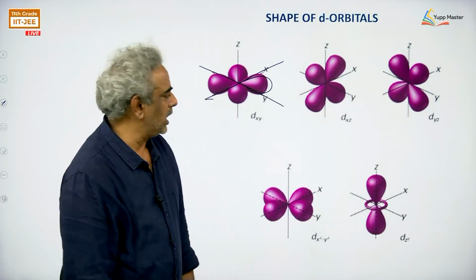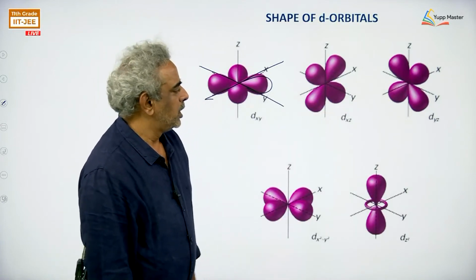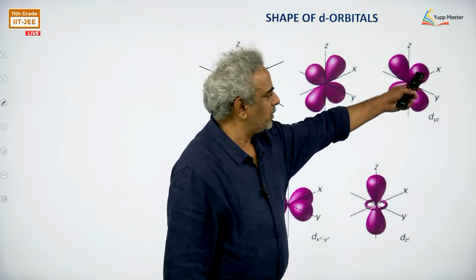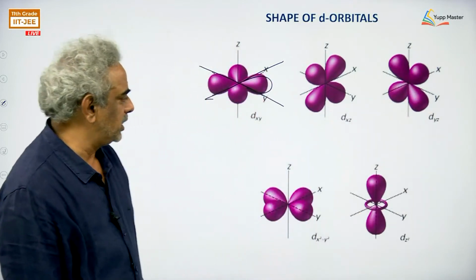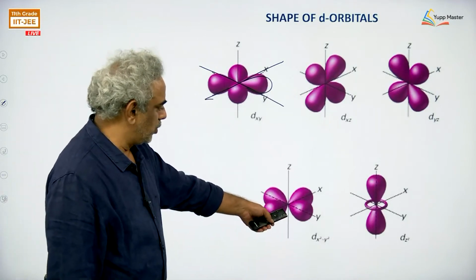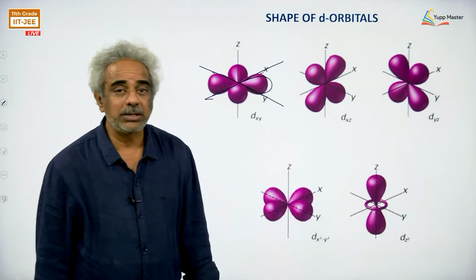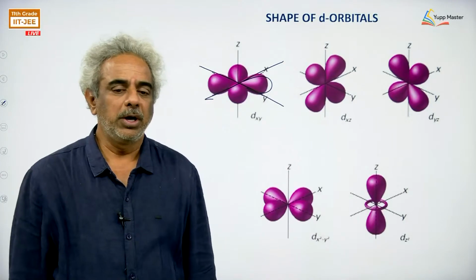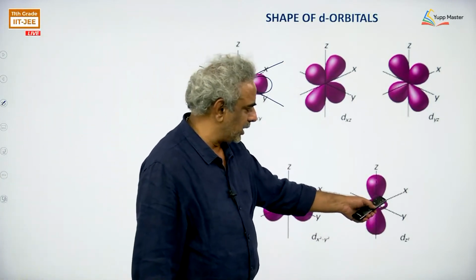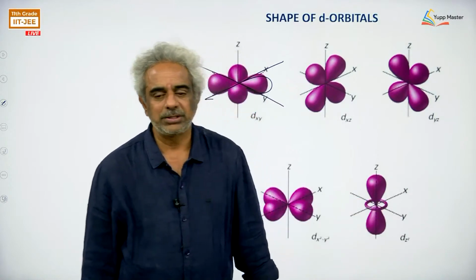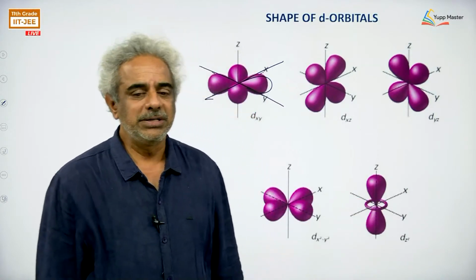So we call them dxy, xz. And here the lobes are spread in between y and z axis. So we call them dyz. Here the lobes are spread along the axis. So we call them dx square y square. And here the torus is clearly appearing. See, there is a beautiful torus. So that is dz square.